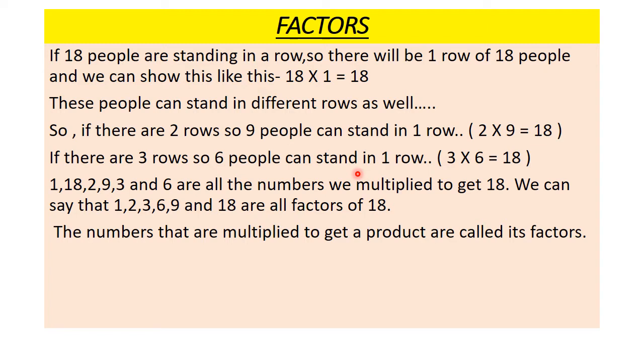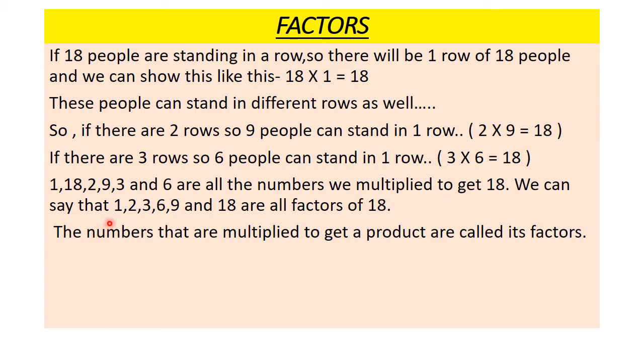So the numbers which we have got as the factors of 18 are 1 and 18, 1 multiplied by 18, as you have seen, 2 and 9, 2 multiplied by 9, 3 and 6, 3 multiplied by 6. All these numbers we multiply to get 18, fine.